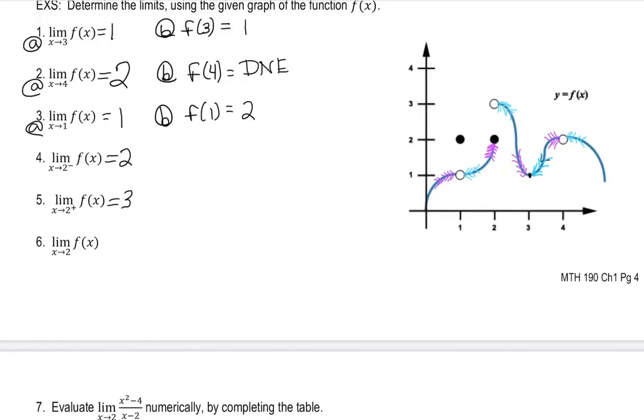But if we were asked about the overall limit, we would of course have to say that the overall limit does not exist. This is the heart of what we've been working with: the limit as x approaches 2 from the left of f of x is not equal to the limit as x approaches 2 from the right.